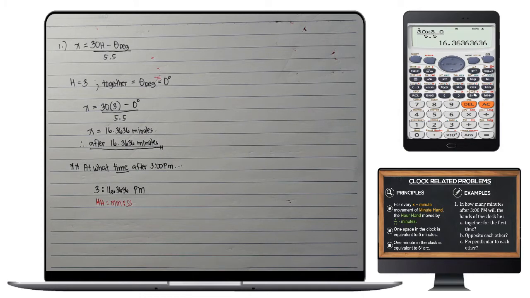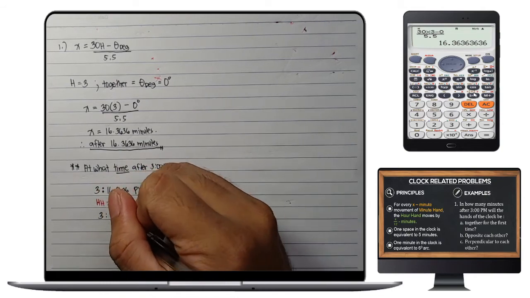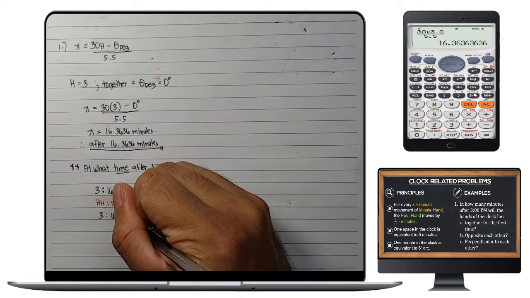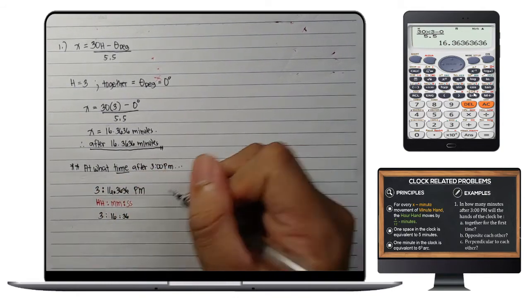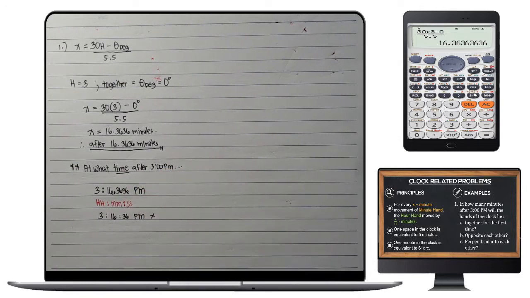So, again, yung iba, ganito yung gagawin. Gagawin siyang 3 and 16. Then, yung decimal point, gagawin seconds. Ganyan, 36 seconds. So, PM. Well, this is wrong. Okay? Because yung 16.3636 is minutes. So, kailangan i-convert natin siya specific. Okay?